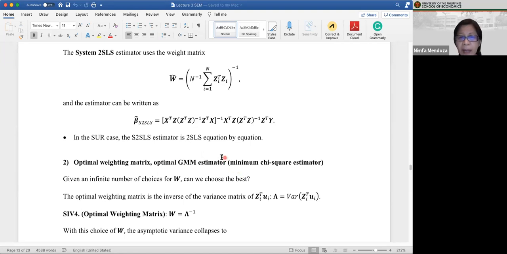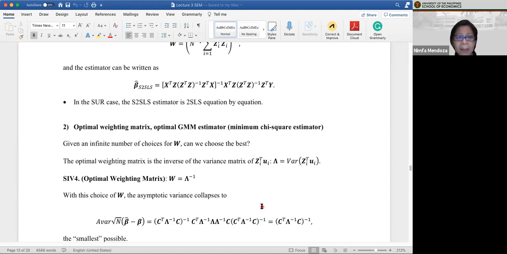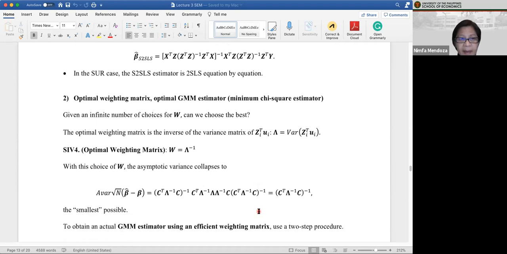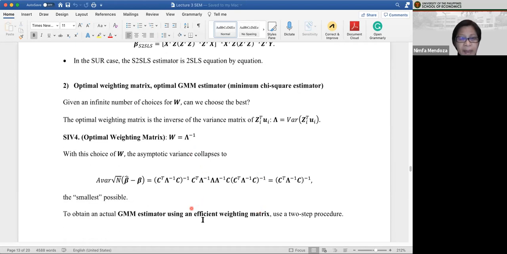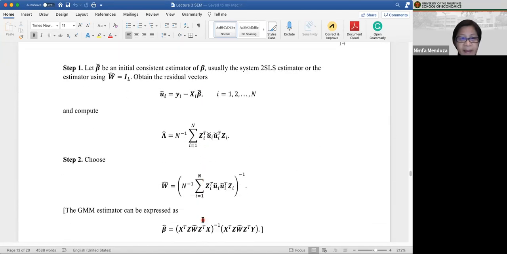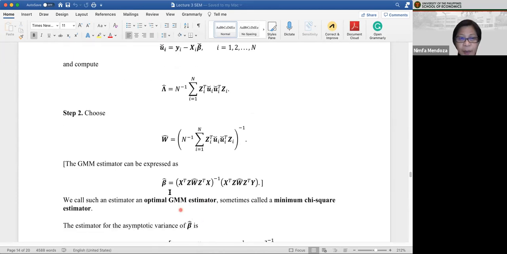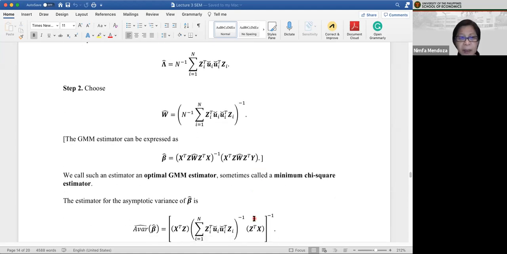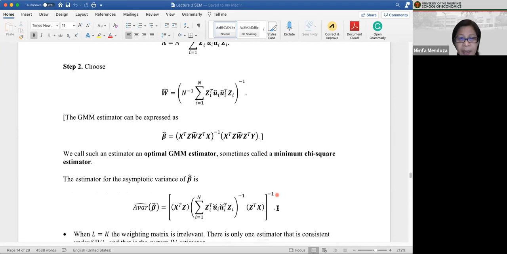The optimal GMM estimator is also called the minimum chi-square estimator. It is optimal in the sense that we get the estimator with the smallest variance. So we have the fourth assumption. This is the form of the optimal GMM estimator, or the minimum chi-square estimator, and this would be its asymptotic variance.